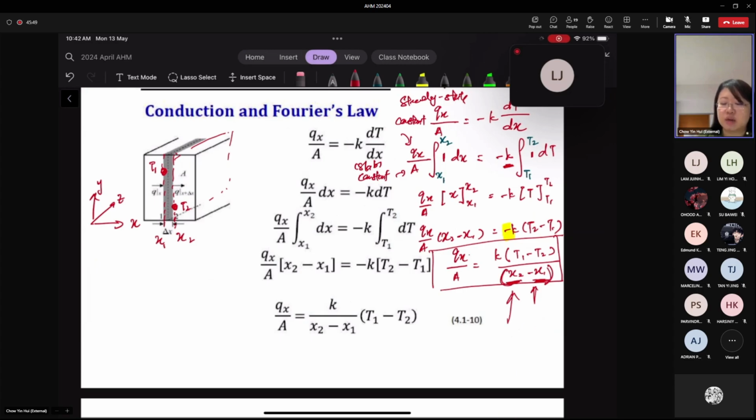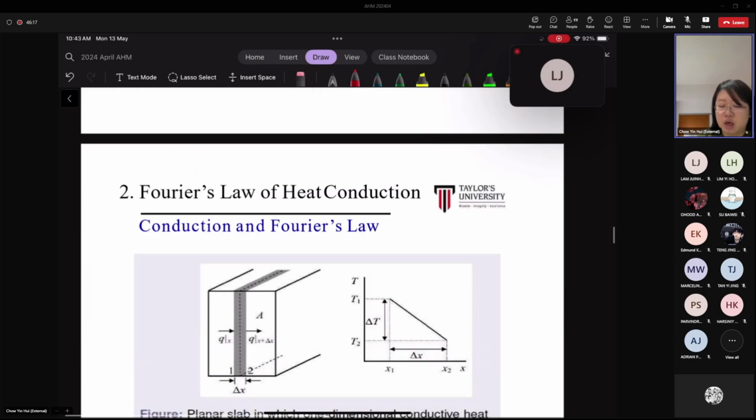Let's say you know the rate of heat transfer, and you would like to know how the temperature varies within the solid itself. Then you substitute the rate of heat transfer and the distance, and you should be able to find the temperature at some distance, let's say x3, to find the temperature T3.